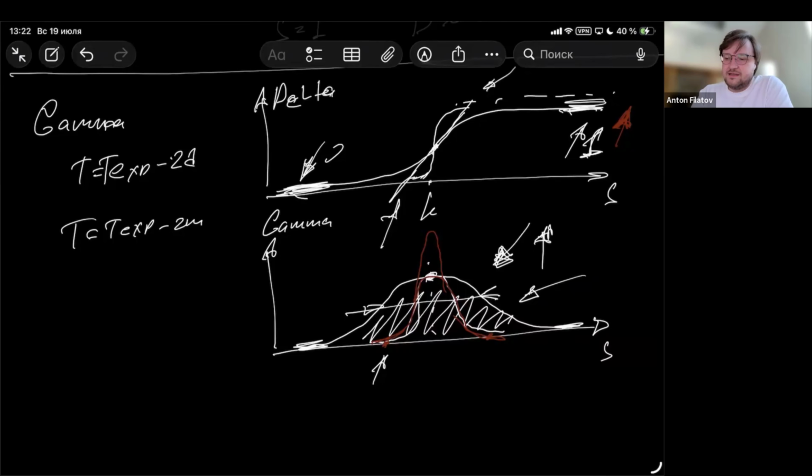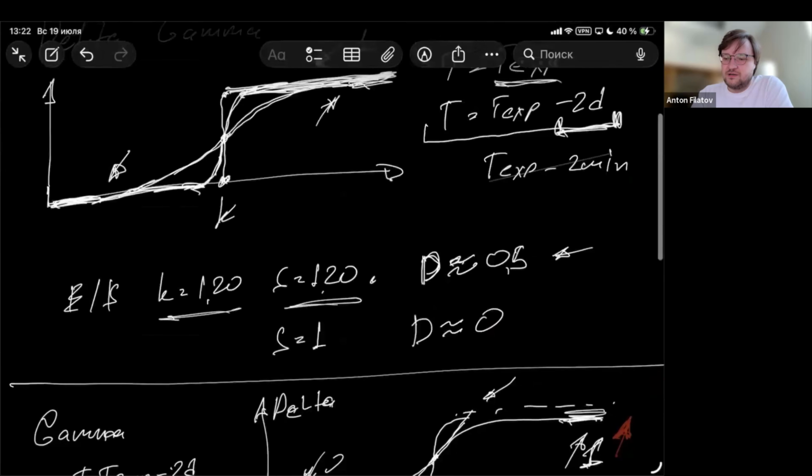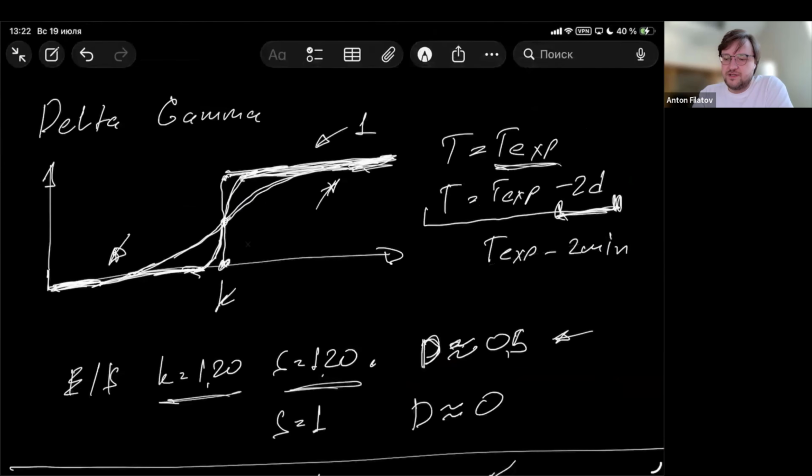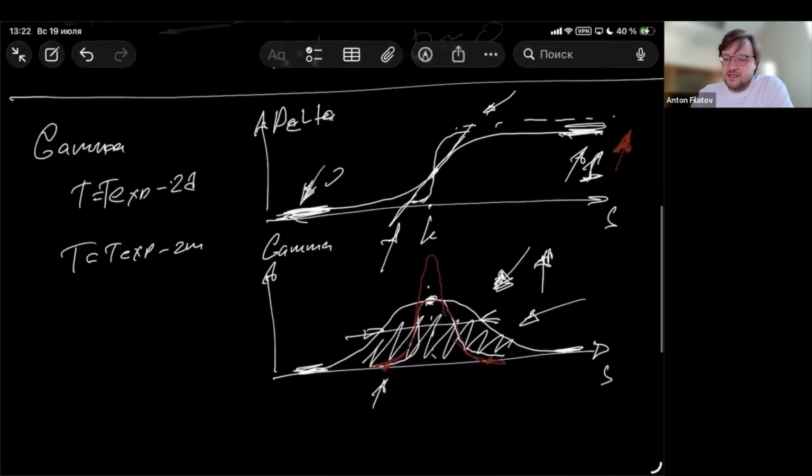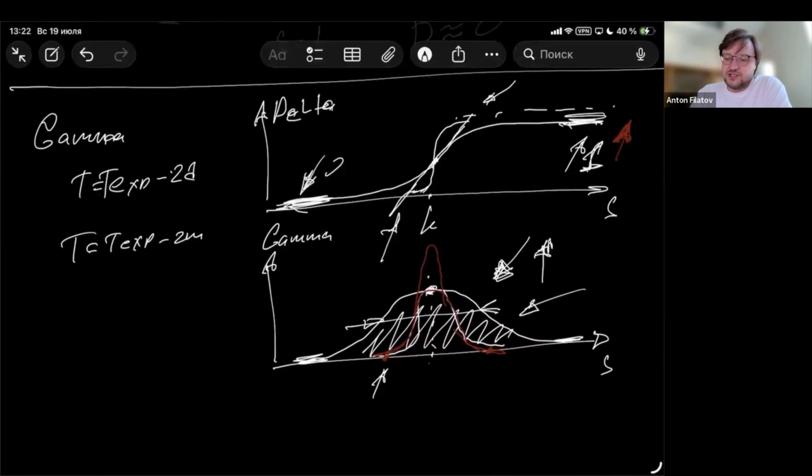So again, if you think about it, if we are talking about the derivative of a vertical line, it gives us some strange graph for gamma. Basically, it's a vertical line.